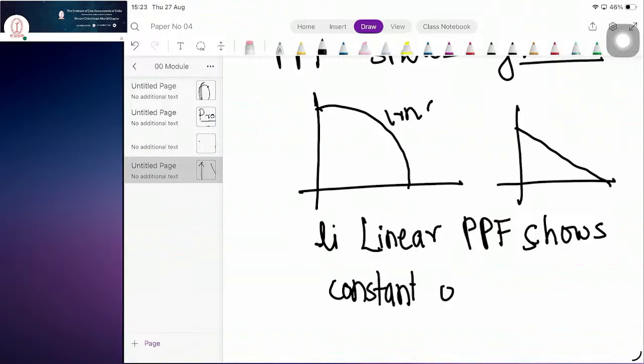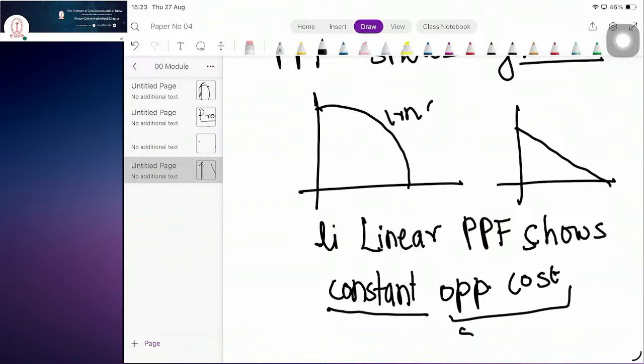Constant opportunity cost. Okay, here underline kara word constant and opportunity cost. Opportunity cost is the slope of that line, slope of PPF. Okay, slope of PPF is called opportunity cost and it remains unchanged.